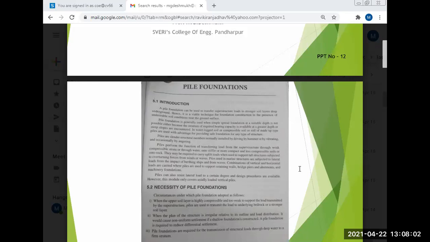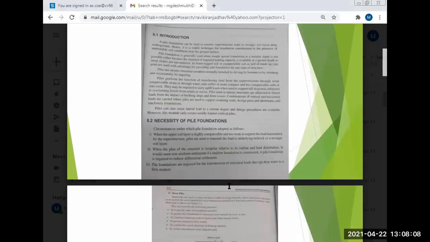Afterwards, I told you what is pile foundation, why it is used, and what are the circumstances under which it is necessary. That is when the upper soil is very weak and you have to transfer the load to a deeper strata, then this is preferred. Also when you want to avoid non-uniform settlement.